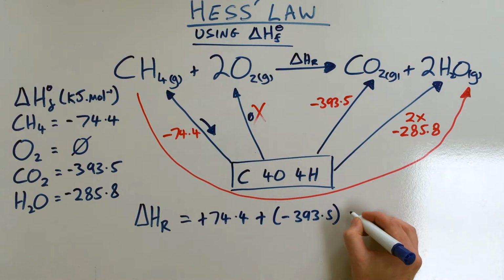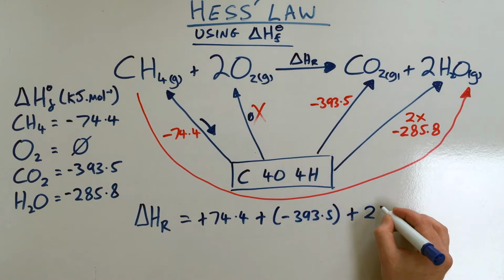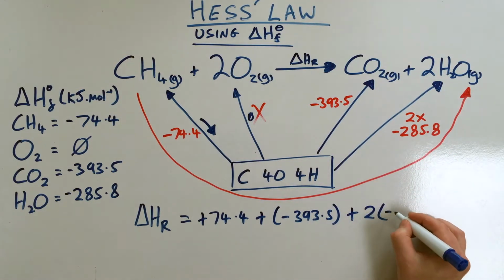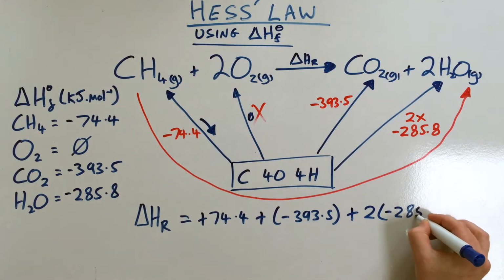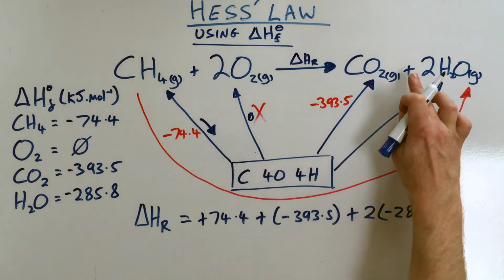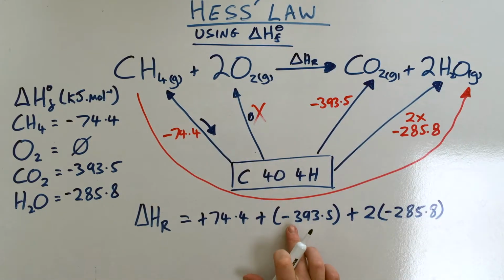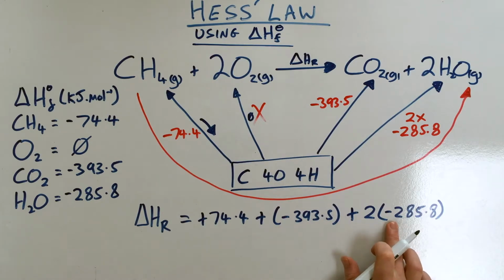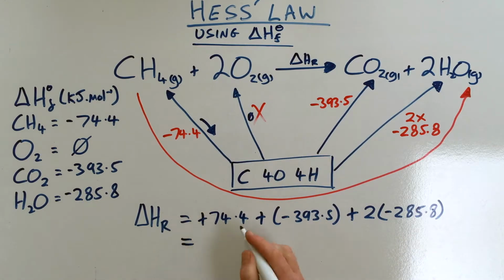plus minus 393.5, plus 2 times minus 285.8. Now I've kept the pluses in there because it is the sum of these. But once we take into account these negative numbers, we can easily write it out like so. We know that's just 74.4.